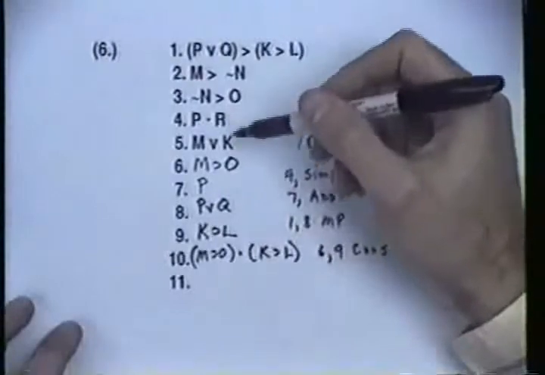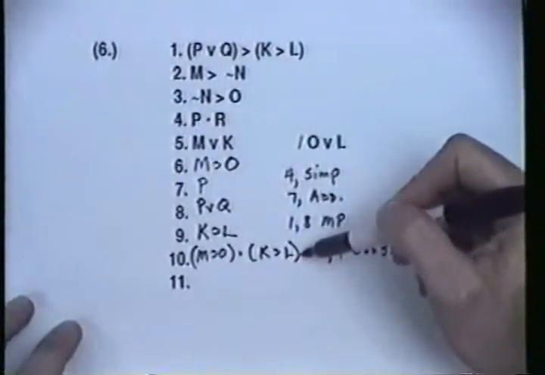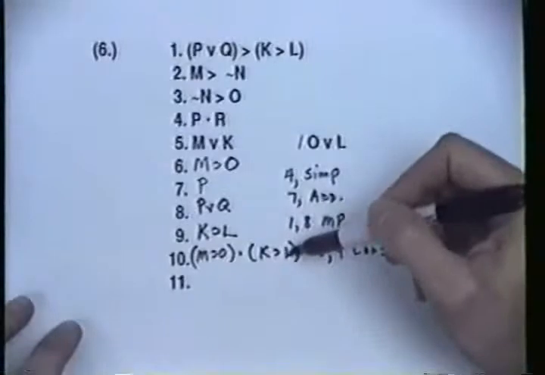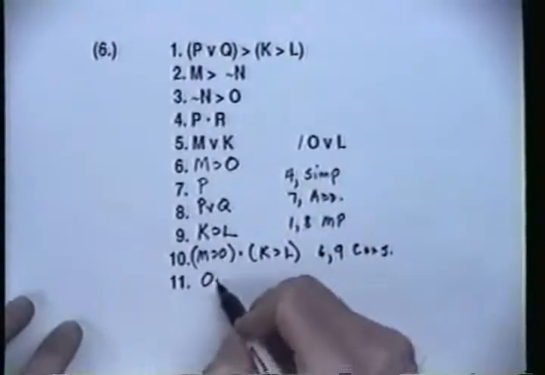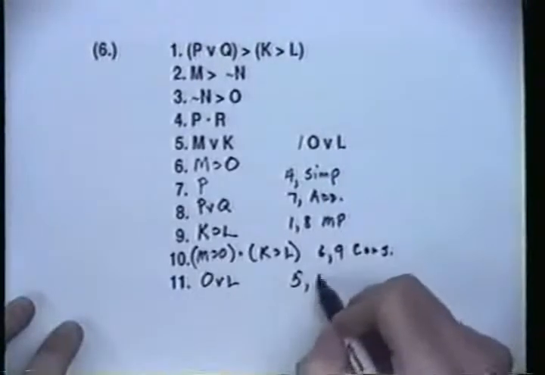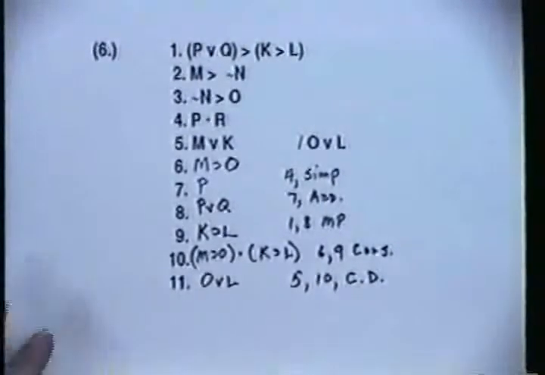Now we have M or K, line 5. We have line 10, which is the other part of the rule constructive dilemma, and together they allow you to infer O or L. And that's what we were hunting for, O or L. And we cite line 5 and 10. Constructive dilemma.